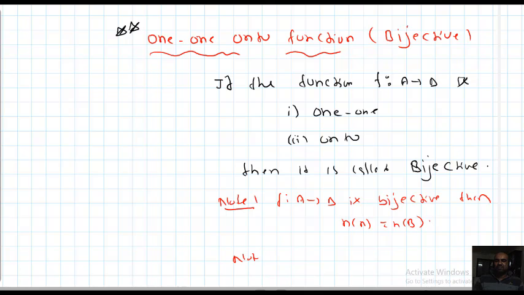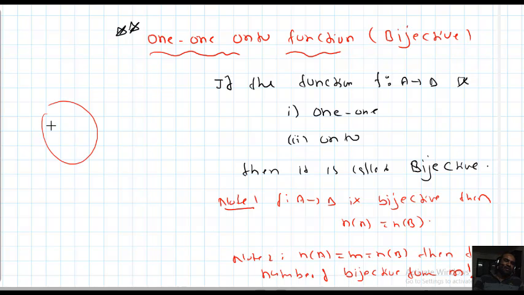Note 2: the number of bijective functions from A to B. In other words, if n(A) equals m and n(B) also m, then the number of bijective functions equals m factorial. Should remember.